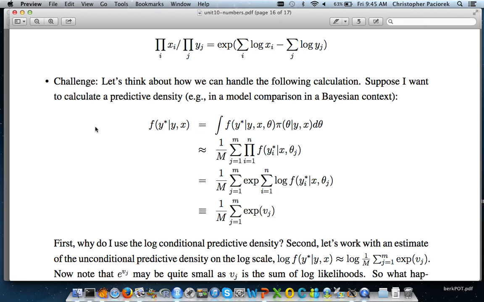Okay. So let's say I had 400 or 500 of these. The result is I'm going to have 1 times 10 to the minus 400. This is already a number that's smaller than I can represent on the machine.